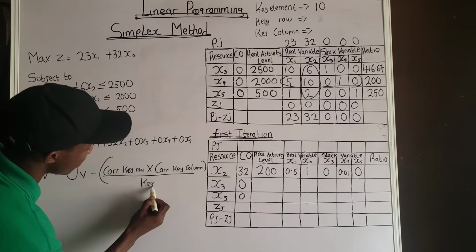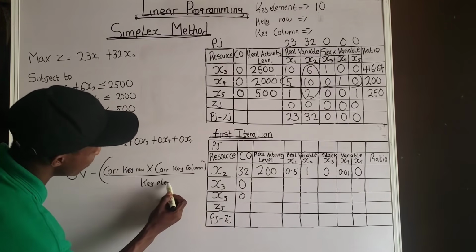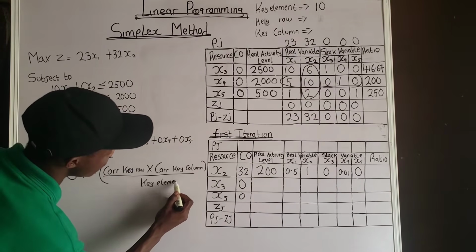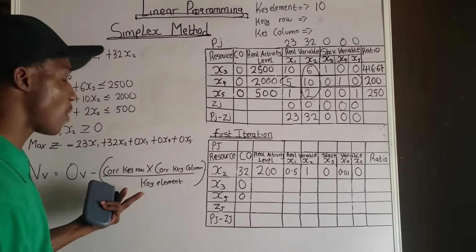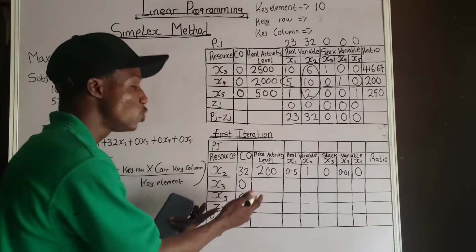This is the formula that you are going to use to compute the new value of the other elements. You understand? This is the formula that we are going to use to compute the values of the other cells.